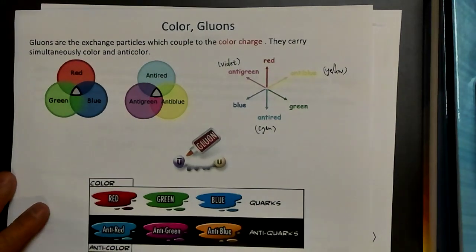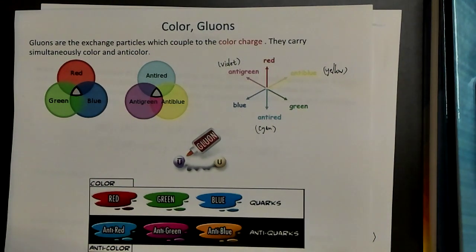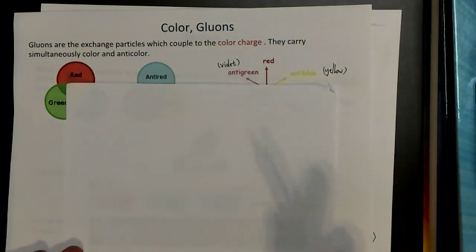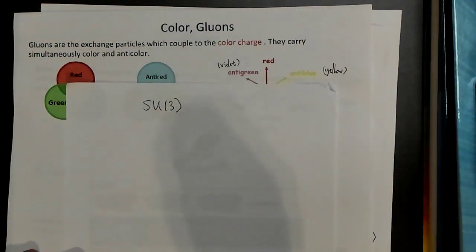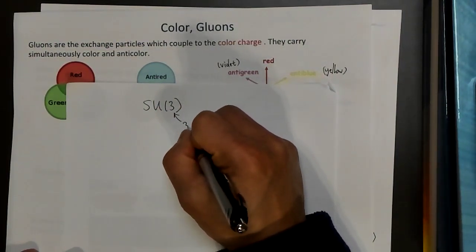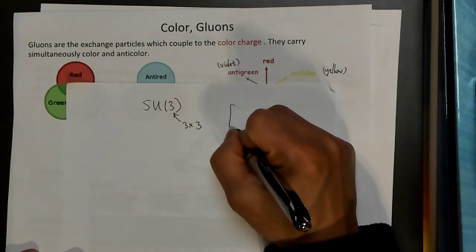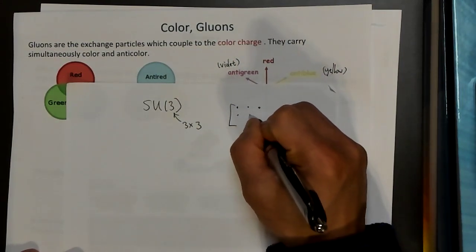We will be continuing our discussion of quantum chromodynamics, and we'll first start by talking about the gauge group SU3. SU3 stands for, the 3 is for 3 by 3 matrices, so we have a 3 by 3 matrix.